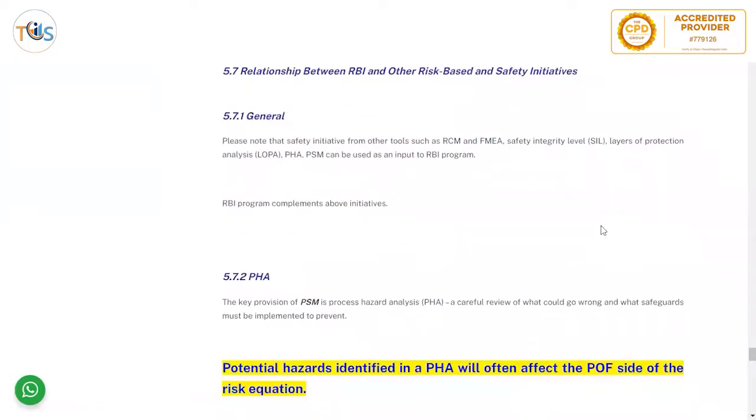Relationship between RBI and other risk-based safety initiatives. Please note that safety initiatives from other tools such as reliability centered maintenance, failure modes and effects analysis, safety integrity level, layers of protection analysis, and PHA and PSM can be used as an input to the RBI program. The RBI program complements the above initiatives, so they are all for different purposes.